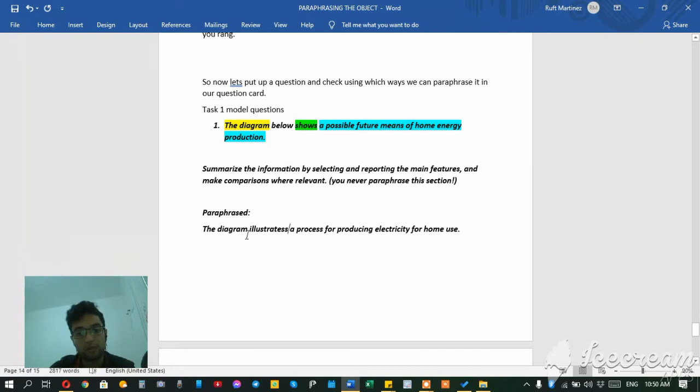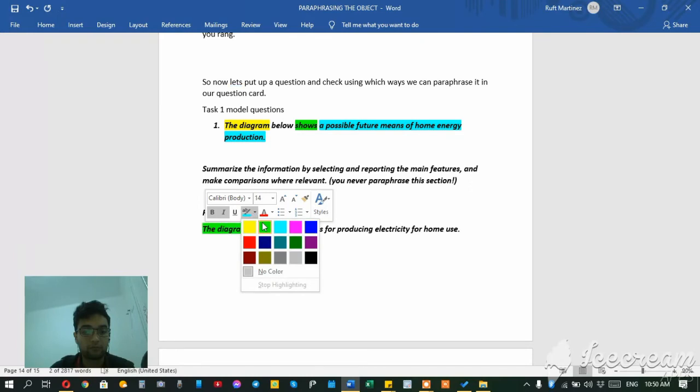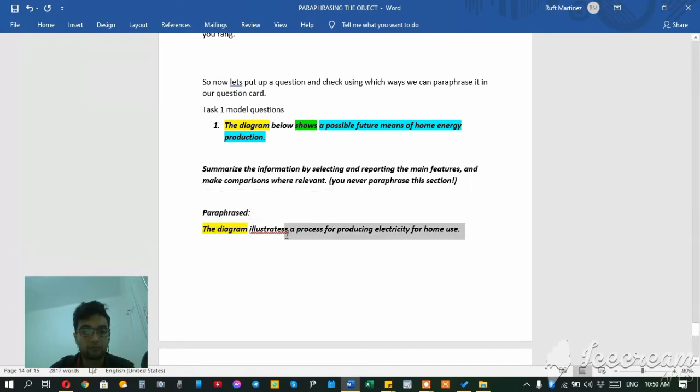So this is my subject and verb. This is the verb, illustrates. Illustrate what? Illustrate a process. So a possible future means of home energy production.